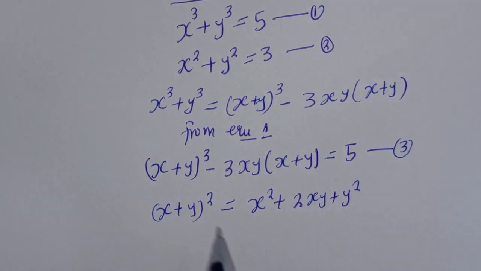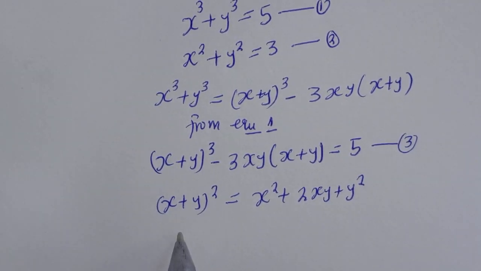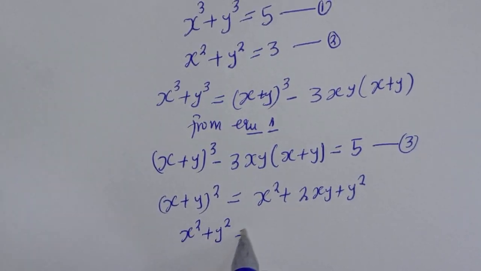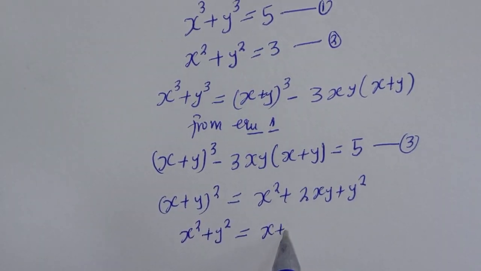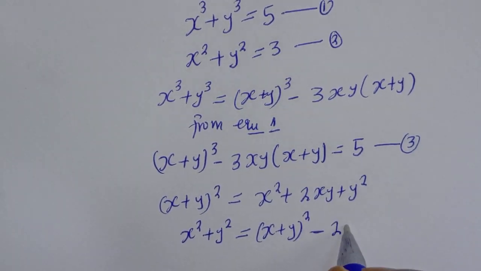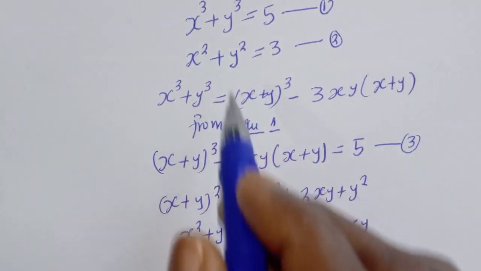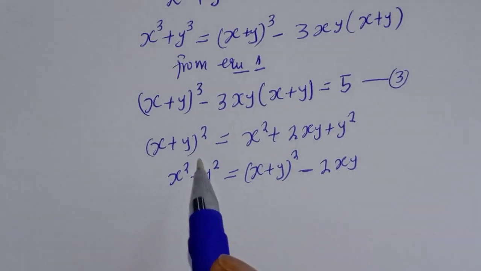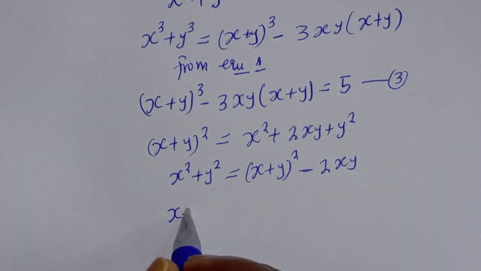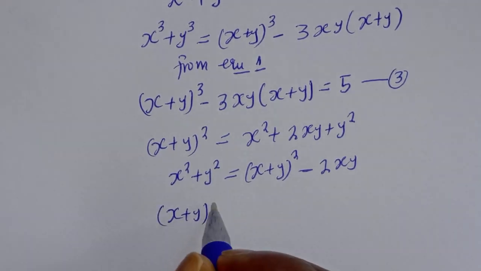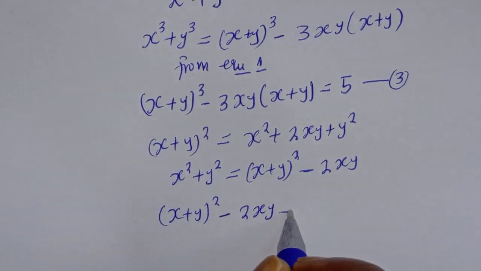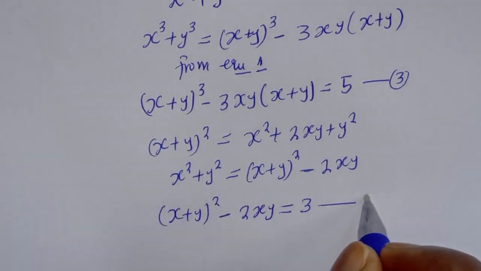Then x square plus y square will be equal to this (x plus y) all square minus this 2xy. Now let's substitute for this. The equation 2 will now become (x plus y) all square minus 2xy is equal to 3. Let's call this our equation 4.